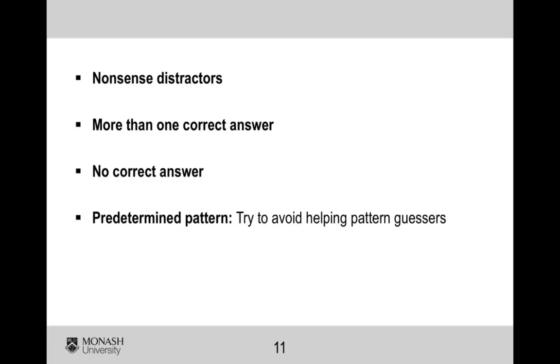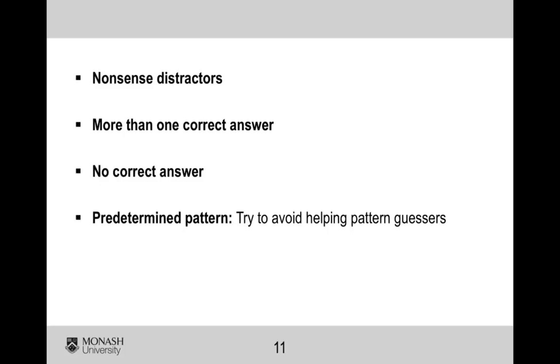Obviously check that you don't have more than 1 correct answer. That seems obvious, but sometimes these things happen, and my suggestion is that you trial. It's really difficult to create good multiple choice questions, so do trial it. Have someone read it, have someone take it, and make sure that you haven't created something that has 2 answers or no correct answer.